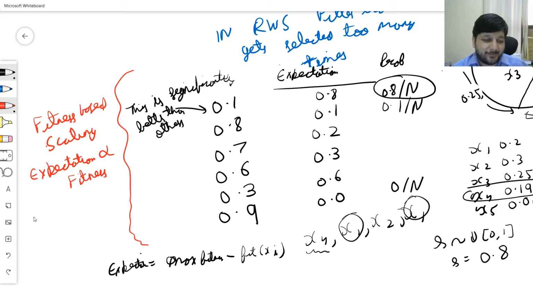Fitness higher is better, or expectation is inversely proportional to cost. Now I did not do 1 upon here because there are two ways you can take inverse. Either you subtract by something, that's the additive inverse, or you do 1 upon, that's the multiplicative inverse. So my inverse was the subtractive or additive inverse. So this is where I inverted it. So it's inverse of cost.